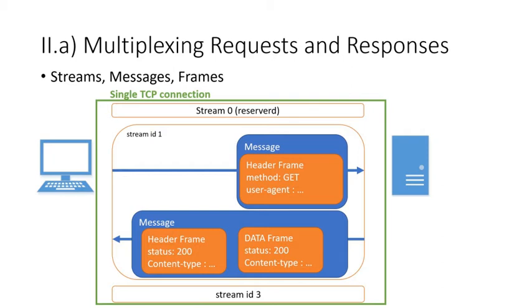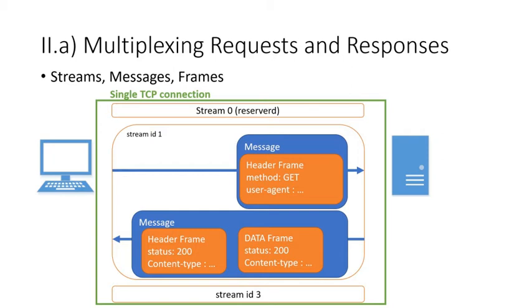Each message is a logical HTTP message, such as a request or a response, which consists of one or more frames. The frame is the smallest unit of communication that carries a specific type of data, for example, HTTP header, message payload, and so on.